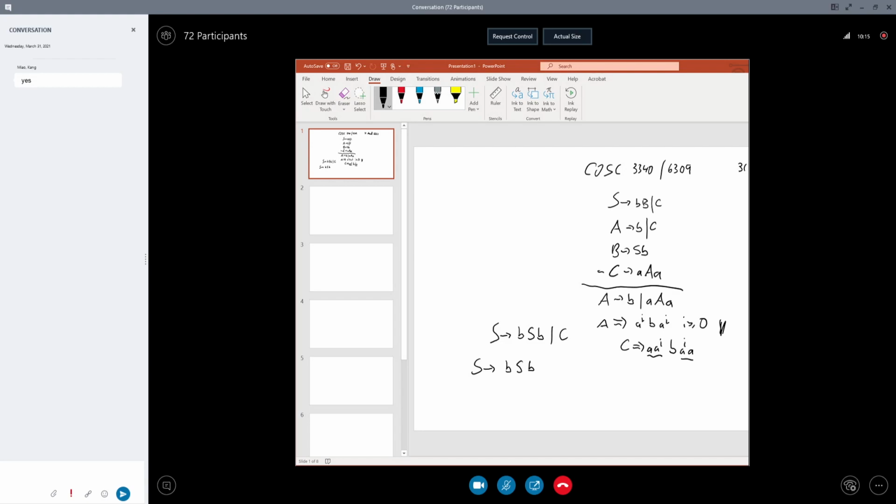From that, S generates b^j followed by a^i a a^i b^j, where i is greater or equal to 0, and j is greater or equal to 1.